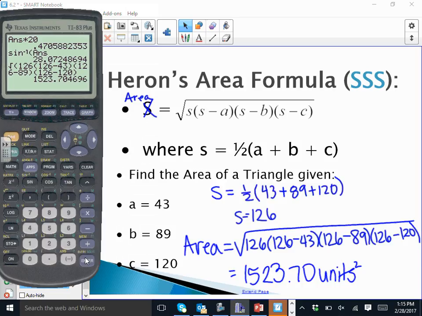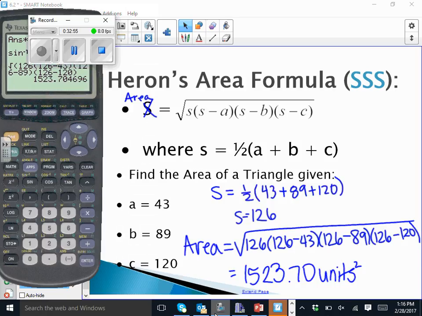Okay, so 5 and 8 are both side, side, side, and 11 is side, angle, side. So if you get done with a side, side, side, I want you to try a side, angle, side. All right? Make sure you are checking your answers to the odd problems to ensure that you are solving them correctly.